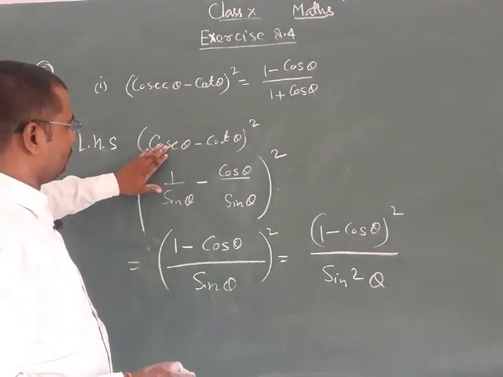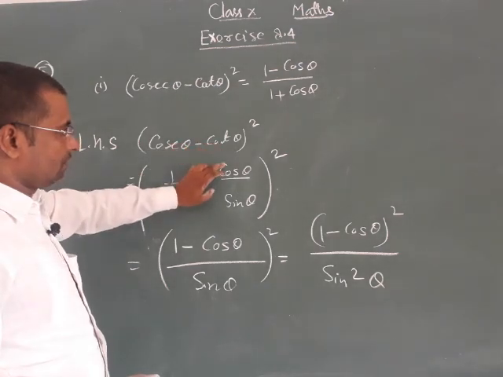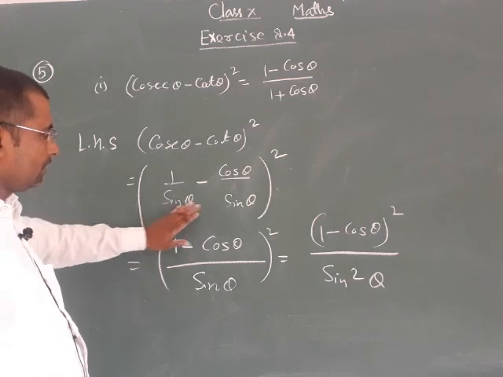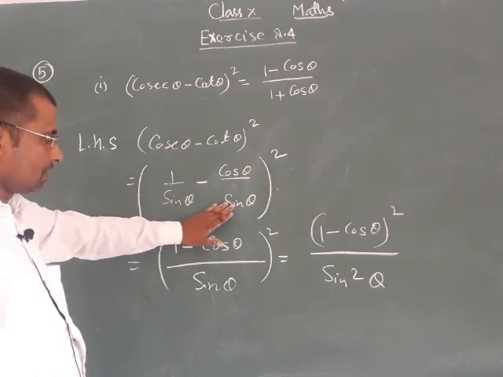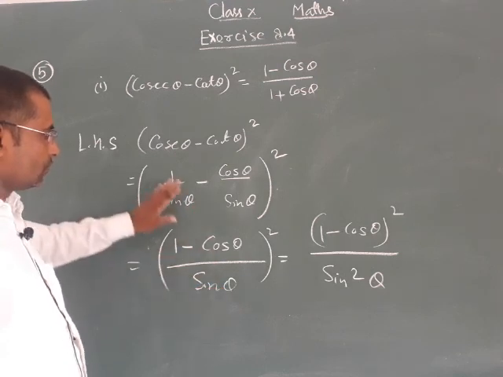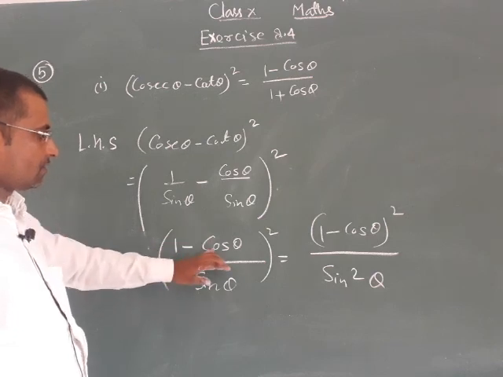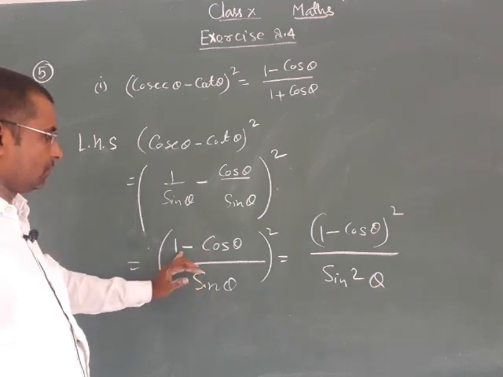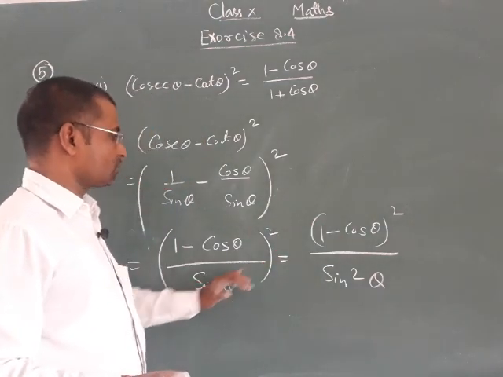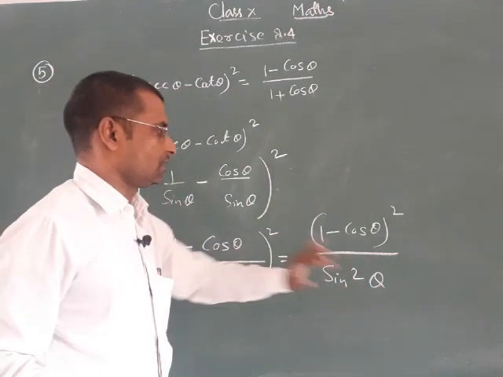So cosec theta is equal to 1 upon sin theta and also cot theta is equal to cos theta upon sin theta. So sin theta is the same, so write down the denominator sin theta and the numerator. So 1 minus cos theta upon sin theta. So (1 minus cos theta) whole square upon sin square theta.